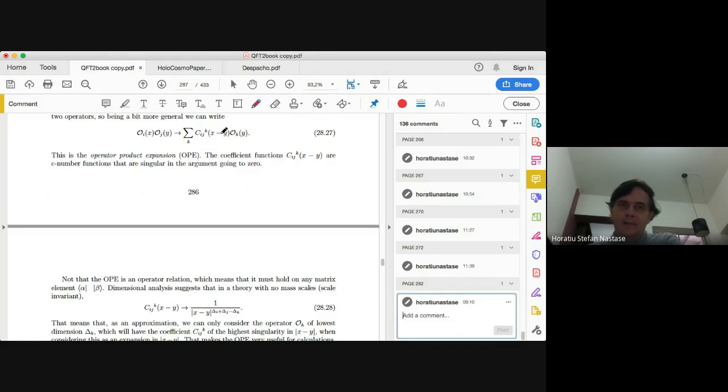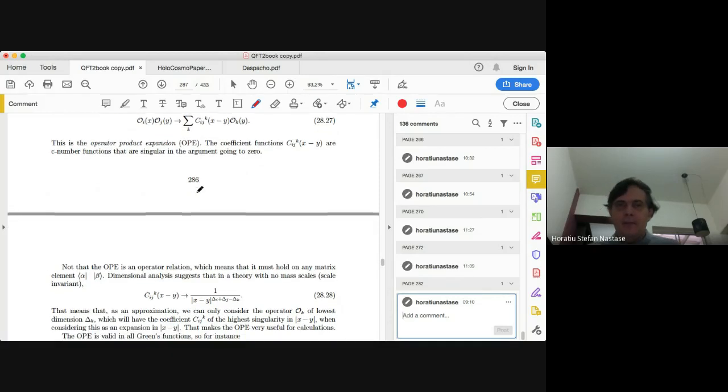In particular, I can think of it on VEVs, and then in the VEV of these, I would get the dimension of the operator OI and the dimension of the operator OJ, which means classical dimension plus anomalous dimension. And for the operator OK, I would also get the dimension.